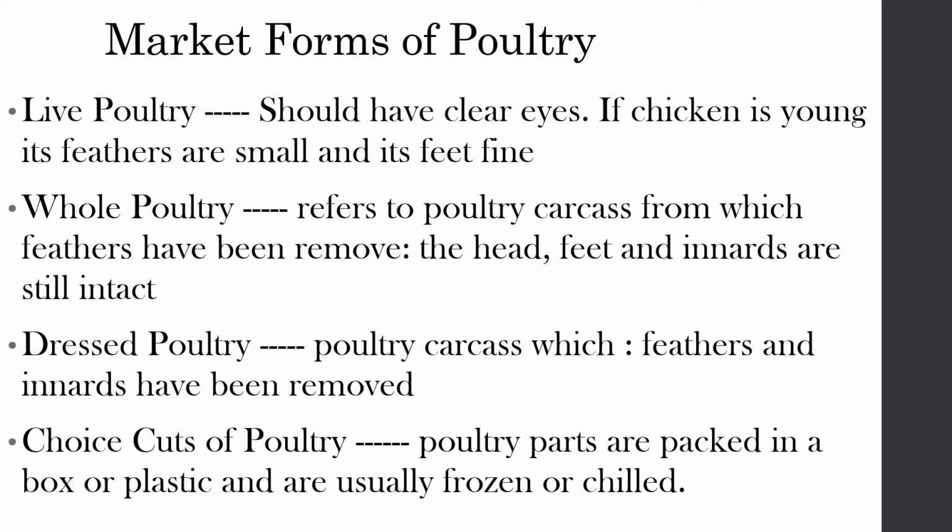Poultry parts are packed in a box or plastic and are usually frozen or chilled. Here you choose which cuts you want: drumstick, chicken wings only, neck, breast. That is why they are choice cuts.